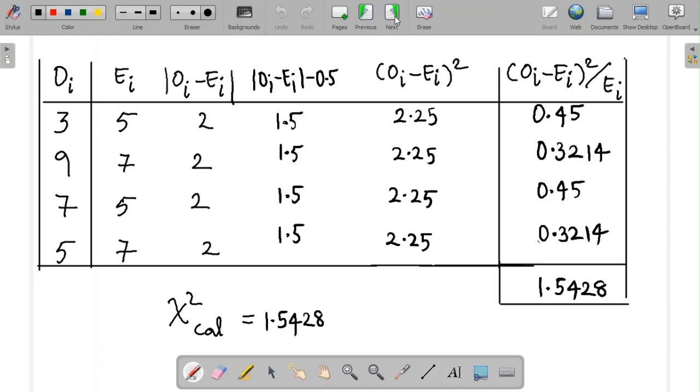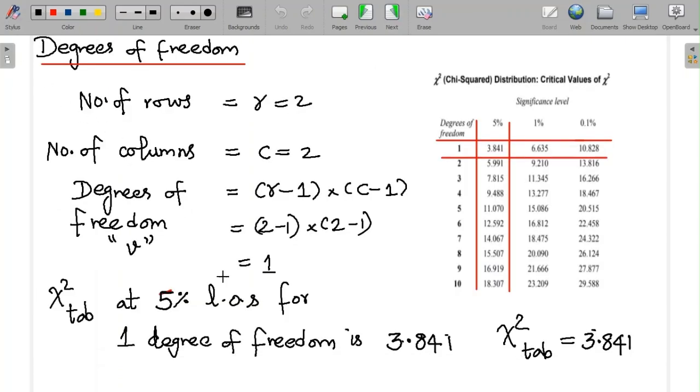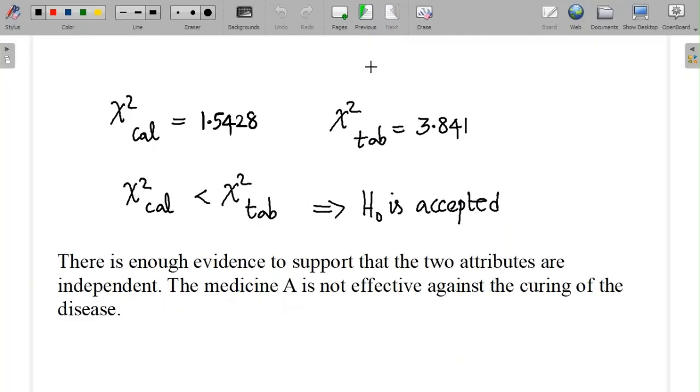We compare this with the critical value, which depends on the degrees of freedom. They have two rows and two columns in the problem. Therefore, we have only one degree of freedom, and the recommended level of significance is at 5%, and therefore the tabulated value from the chart is at 3.841. So we make the comparison here of the calculated value of test statistic, which is at 1.54, against the tabulated value, which is at 3.84.